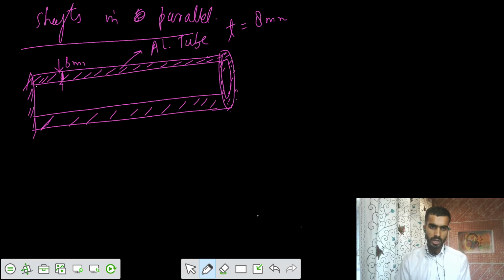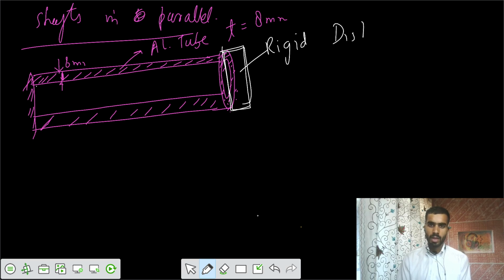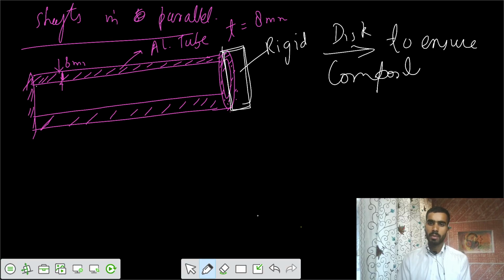But the thing is that there is a rigid disc between the two. On this side we have attached a disc. We call it a rigid disc to ensure compatibility, what we call composite action, that is strain compatibility, ensures composite action.